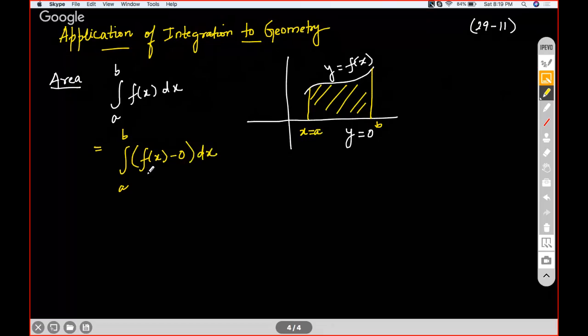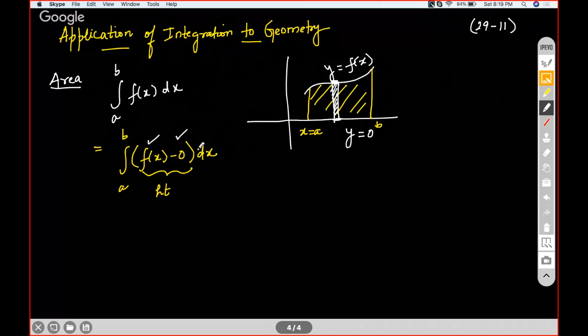Correct? Now this signifies the height of any thin rectangular strip that you make over here. Let's say I make this thin rectangular strip. The height will be the y coordinate of the top minus the y coordinate of the bottom. The y coordinate of the top is this f of x. The y coordinate of the bottom of the strip is y equal to 0.